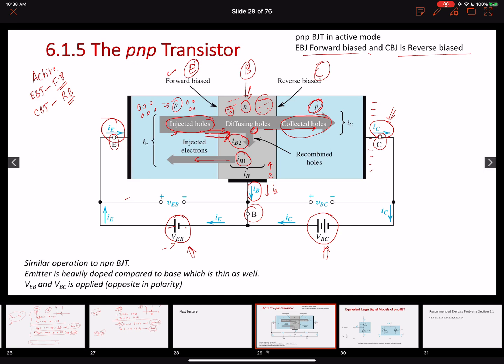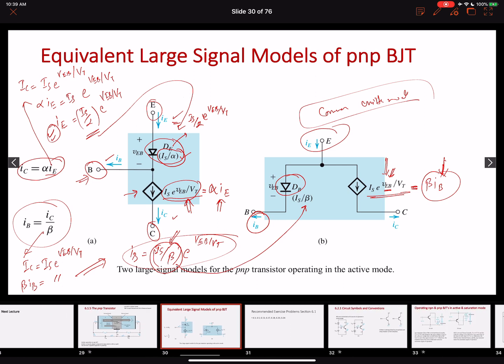We're going to require opposite polarity batteries to forward and reverse bias the collector base junction and the emitter base junction respectively. Similarly, our direction of the currents will change as well. Okay. So these are the large signal equivalent models for the PNP transistor. So if you have to develop a model, I hope the concept will be clear over here.